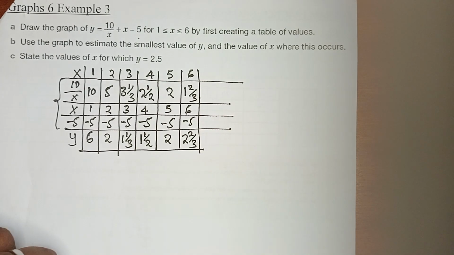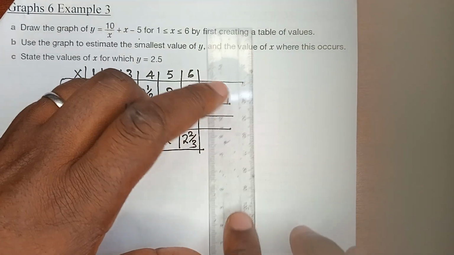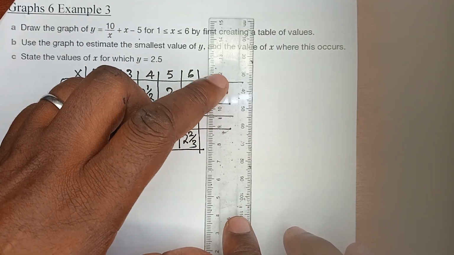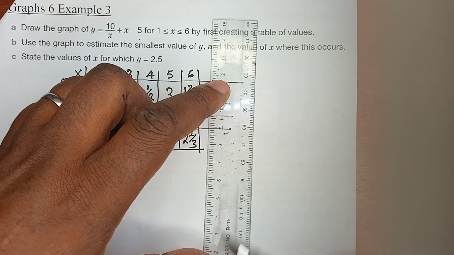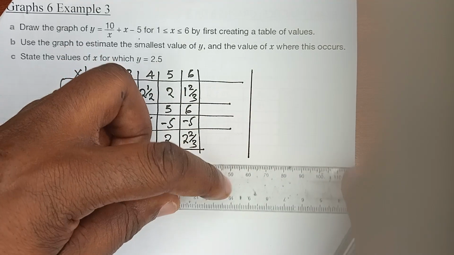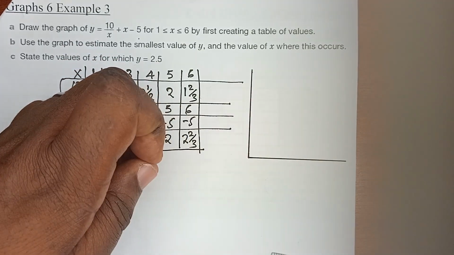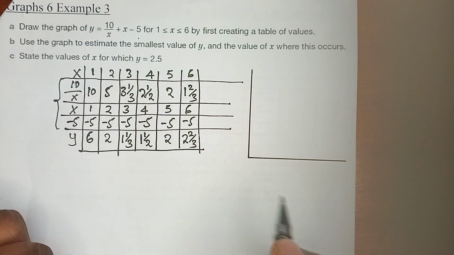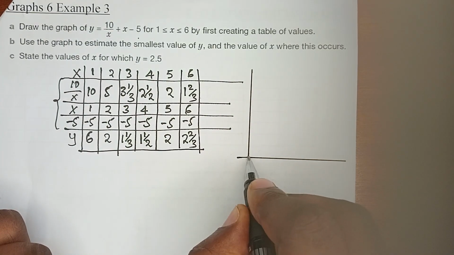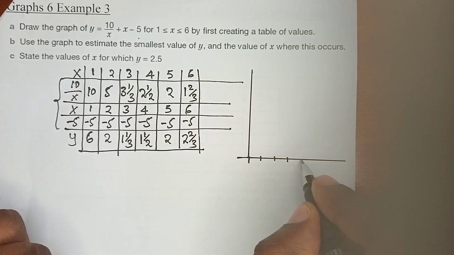The graph is going to be plotted just alongside here so that we can answer questions. Let us have this graph here. That is the y-axis, and this is the x-axis. You notice that we don't have negative values of x, and therefore that is just enough. We have 1, 2, 3, 4, 5, 6.